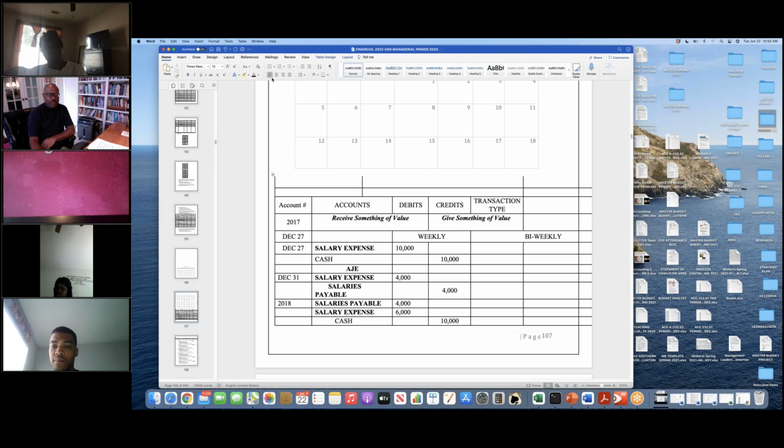So we're paying them bi-weekly. When the 27th comes around, they still are going to want $10,000. But because it's bi-weekly, they're only getting $1,000 a day. So it'd be 2,000.